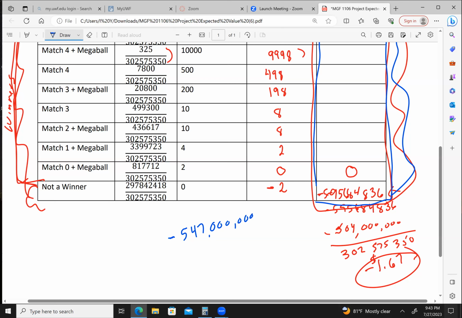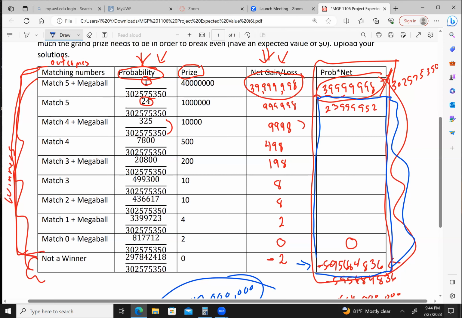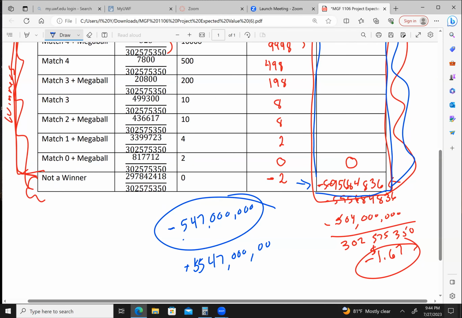And it's negative because, again, this is negative. Now this number, if we change it to positive, just to even it out, we need a positive winnings of that to replace what's in here. So whatever you get, it's going to be roughly this, that will be what you need.